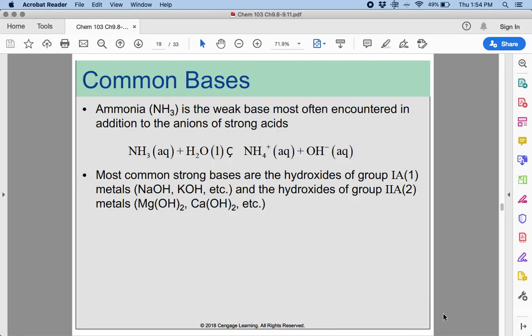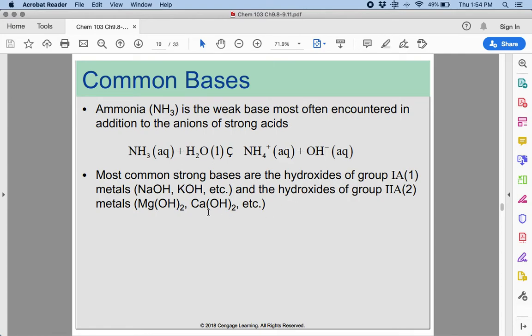So ammonia is a weak base, most often encountered in addition to anions with strong acids. So here, oops, sorry, that should be a double arrow, so this should be the arrow pointing in that direction and in that direction. Sorry about that. So we have HNO3 plus H2O yielding H4 plus and OH minus.